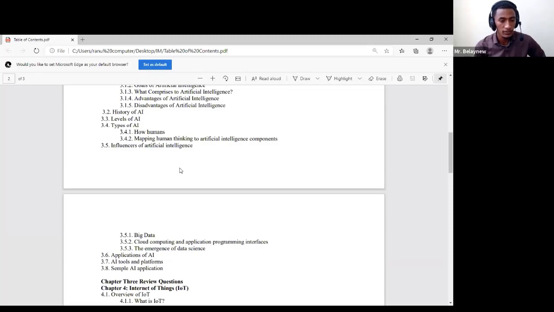Also we will see how to use big data. Okay, big data we discussed in chapter 2. How to use big data for different artificial intelligence applications. Also we will discuss cloud computing.